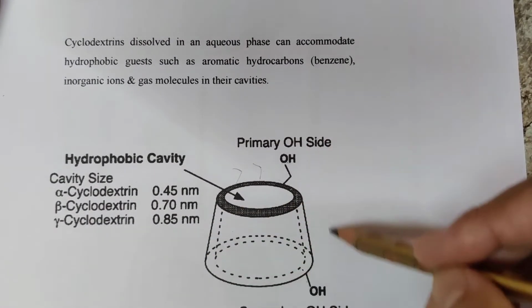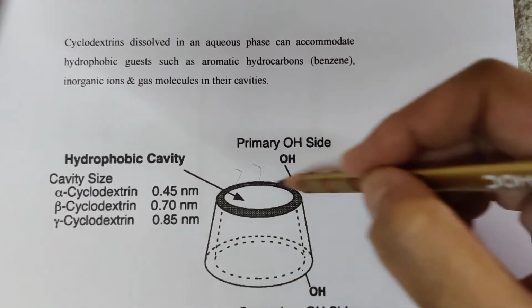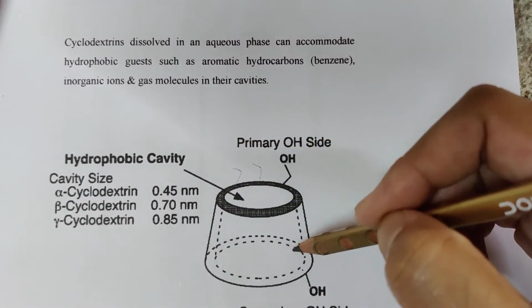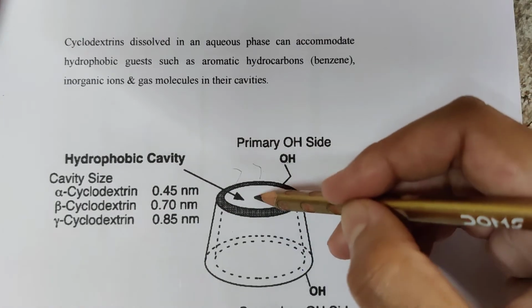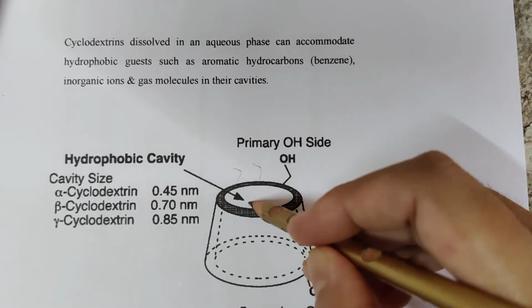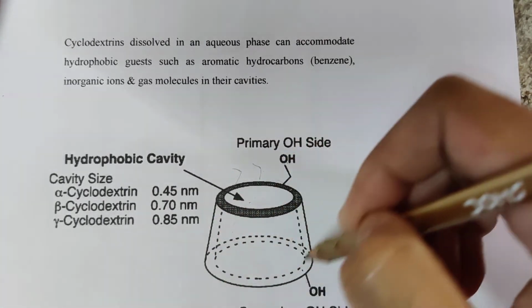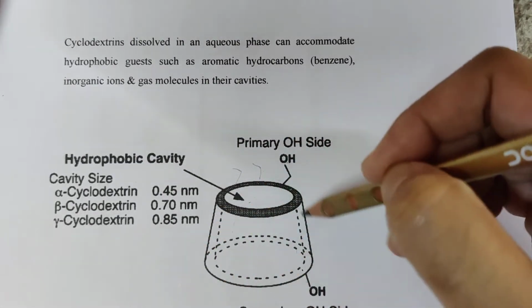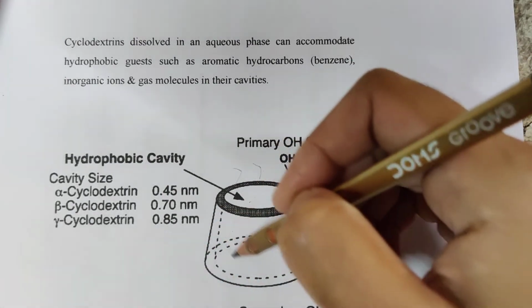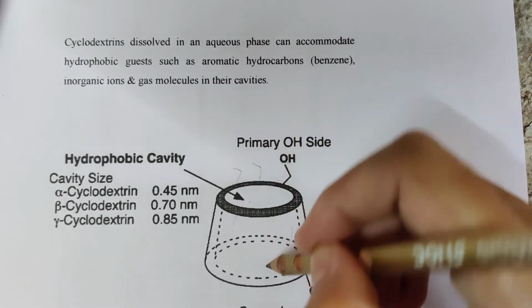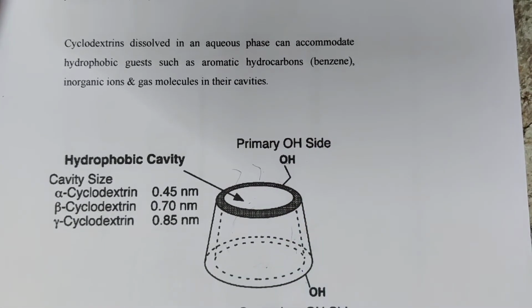So this middle part is a bucket kind of thing, and it is empty from inside, so it has a cavity. And since the surface doesn't have any hydroxy group, this cavity is a hydrophobic cavity.